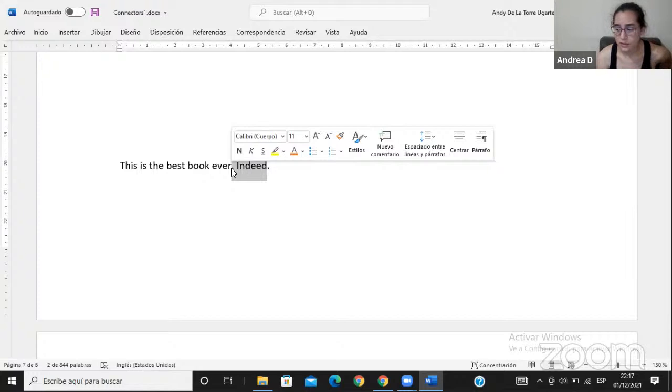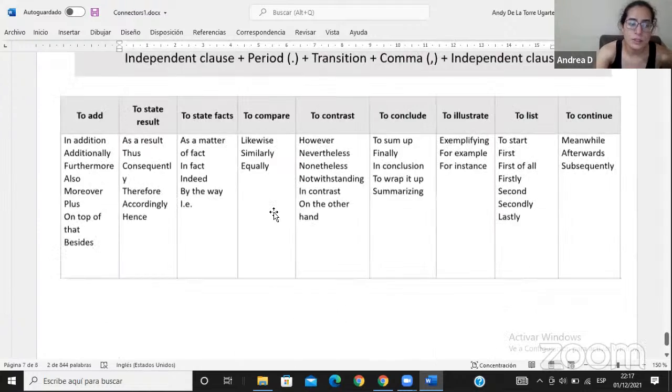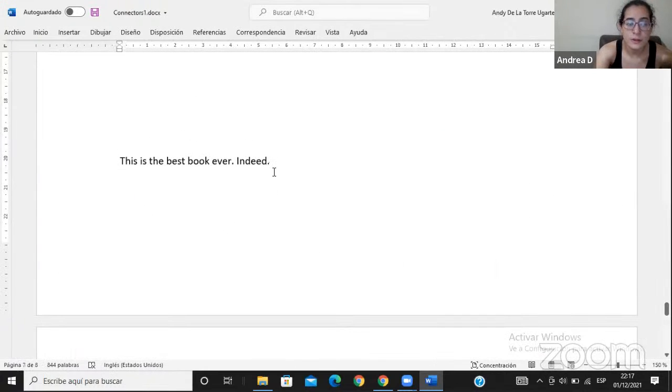So indeed. But here it just means in fact. So you could say, for example, this is the best book I've read. Okay, from this author.